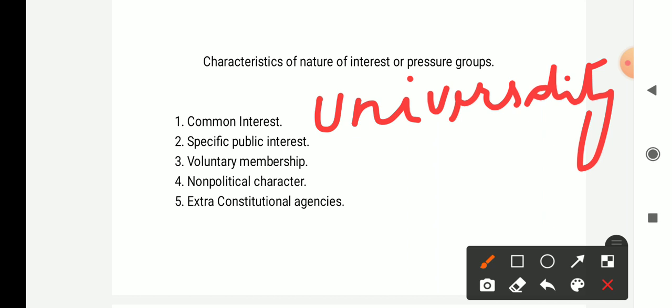In every kind of government, one kind or other kind of pressure group do exist or are found. Though the number of pressure groups in democratic countries is more. And in totalitarian government, they work under so many limitations, but they do exist in those countries also.